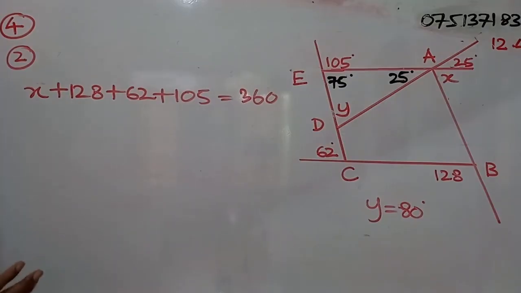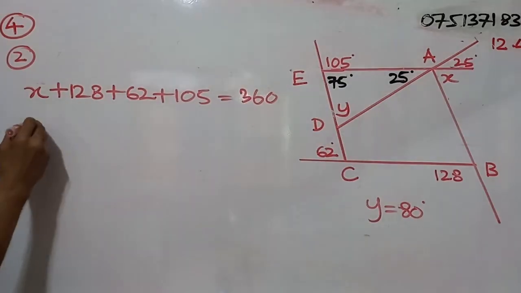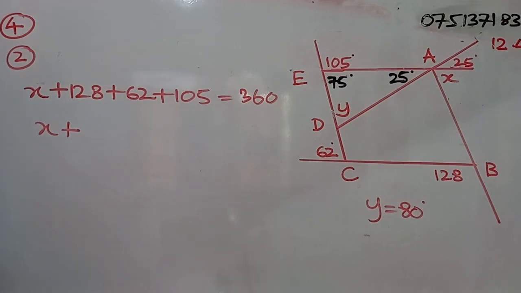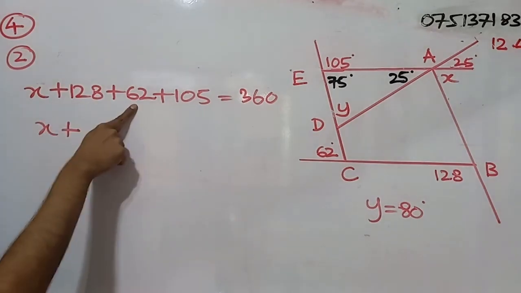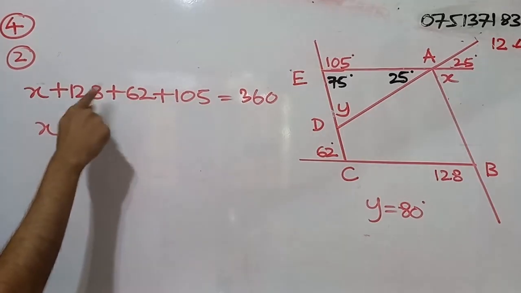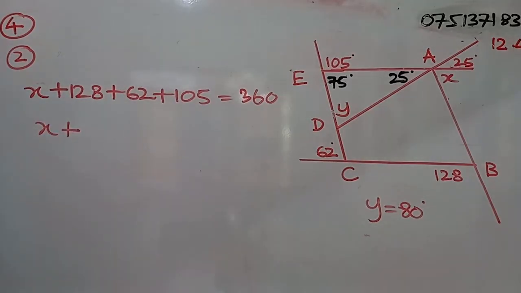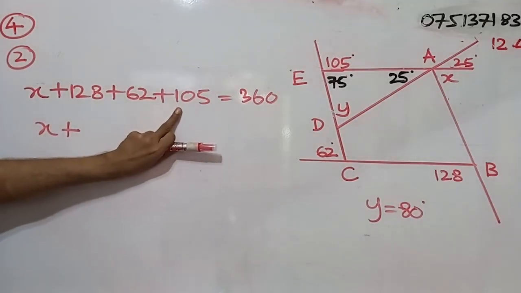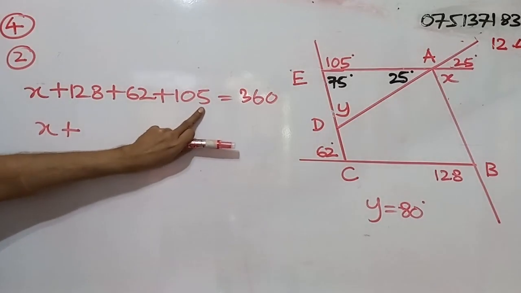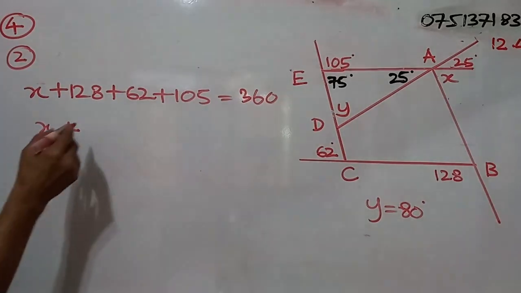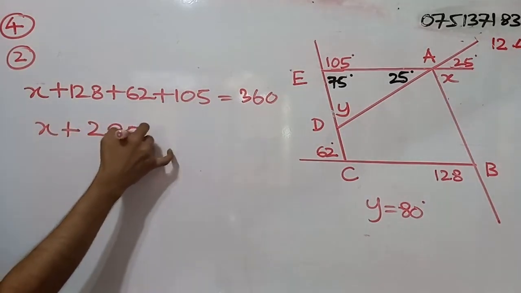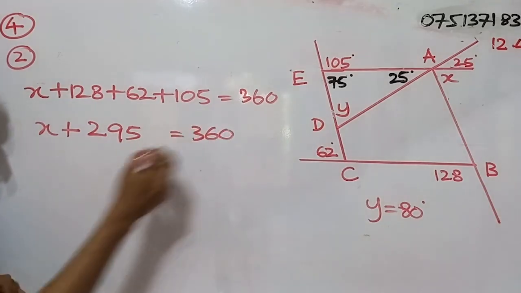Sum of external angles of a quadrilateral. So X plus, right, so here we have 20 plus 60, that is 80. So 180, 180 plus 10, we have 190. 190 plus 100, that is 290. 290 plus 5, that is 295. So X plus 295, that is equal to 360.